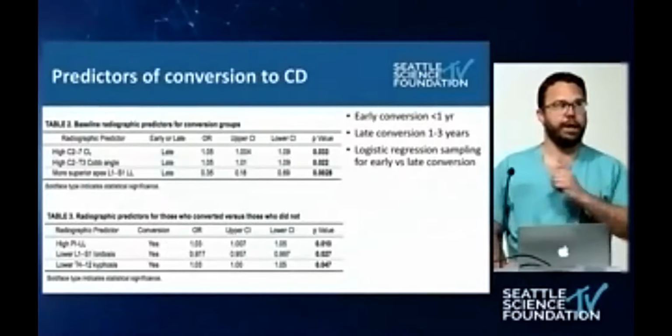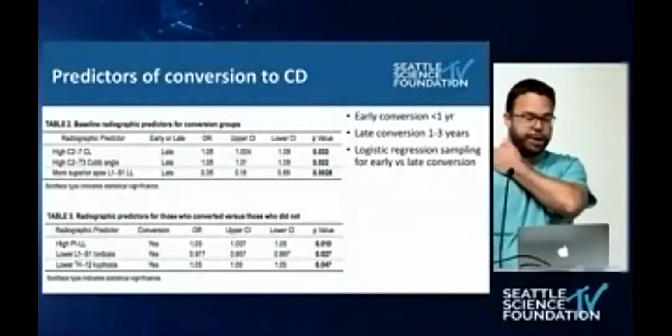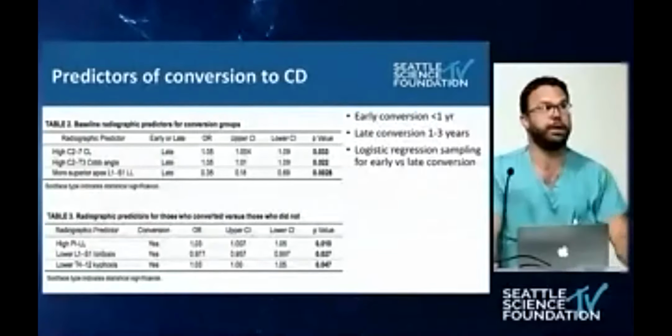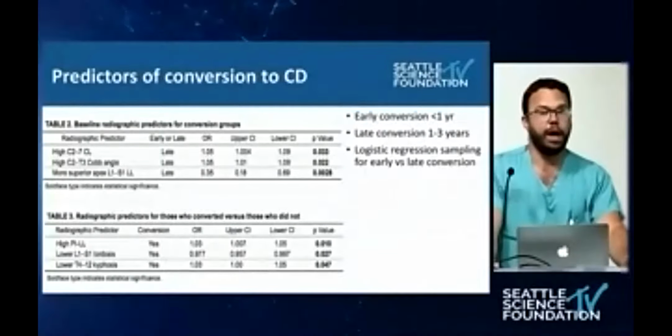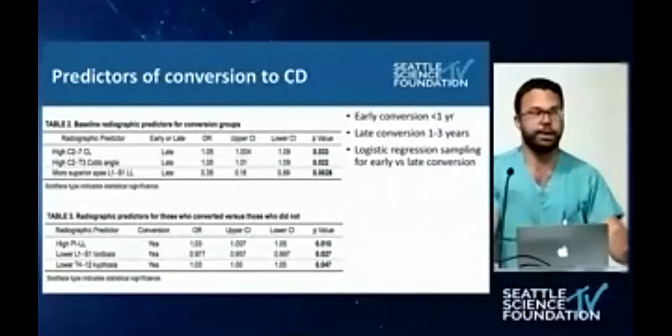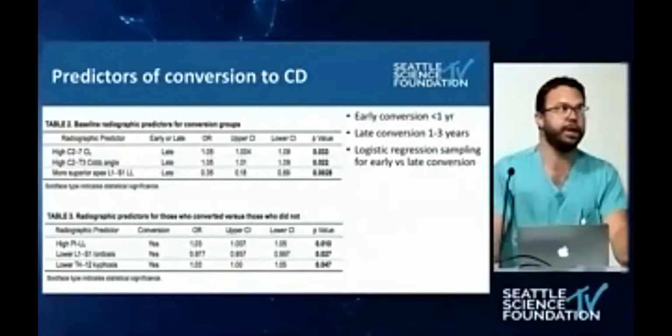So they did a deeper dive and did logistic regression analysis on predictors of the patients that could convert to cervical deformity. And they broke it up to early conversion, which is less than 1 year after the index surgery, versus late conversion between 1 to 3 years.